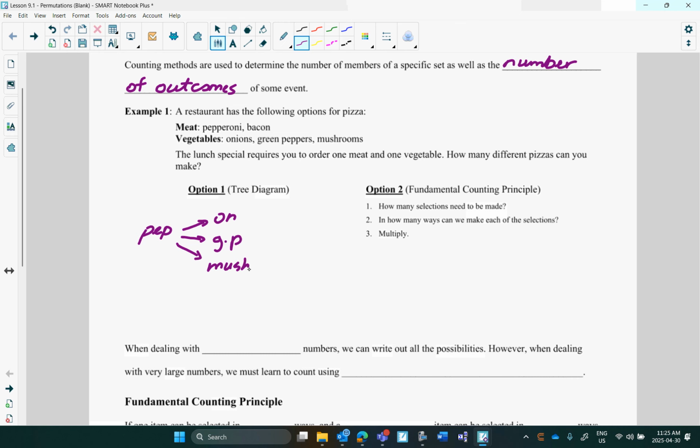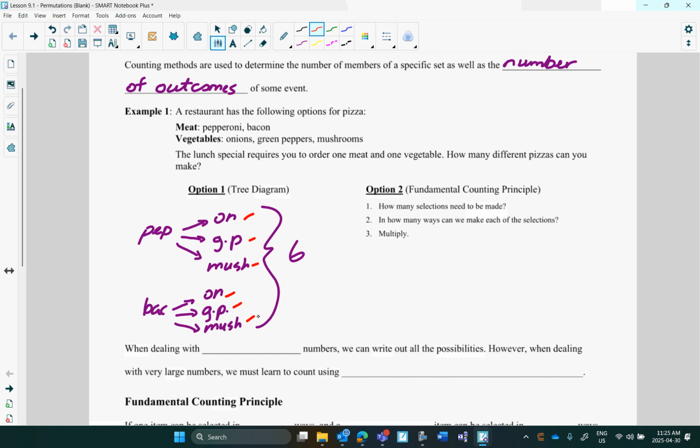So if I choose pepperoni as my meat, there's 3 different types of pizzas I can make with 1 meat and 1 vegetable. If I go back to the meat and say, okay, this time, bacon. What are the possible vegetable choices? Same. Onion, green pepper, and mushroom. So therefore, there are 6. 1, 2, 3, 4, 5, 6 different ways I can make the pizza.